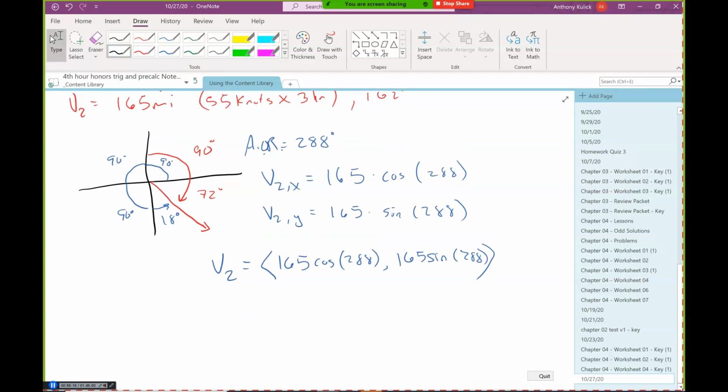So I'm just going to call the resultant V, and I'm just going to write the word result. So the x component is going to be 80 cosine of 235 plus 165 cosine of 18. And the y component is going to be 80 sine of 235 plus 165 sine of 18. I'm going to go to my calculator and type those in.